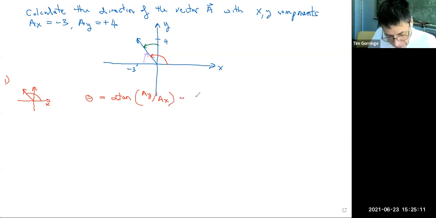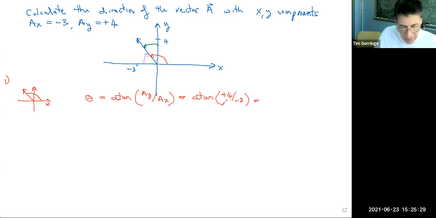In this case, the y component is +4 and the x component is -3. So the argument in the inverse tangent is minus 1.33. If you take the inverse tangent on your calculator, I got minus 53 degrees.